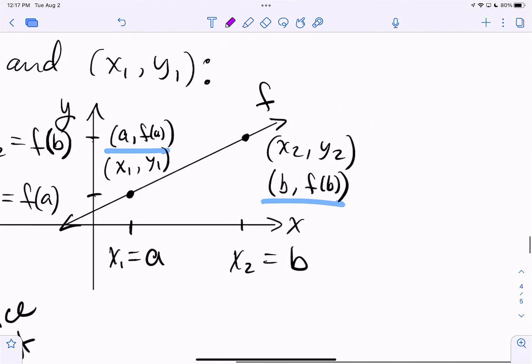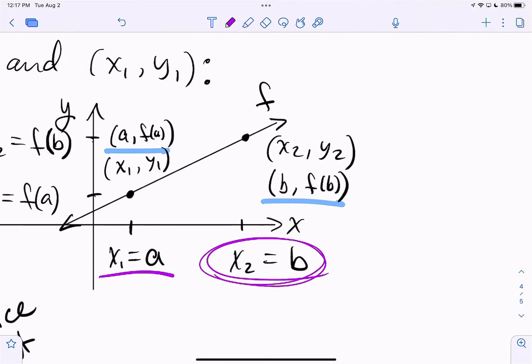I'm going to keep the label x1 equals a. But now I want to consider the second point, which right now is x2, y2, also given by b, f of b. I want to think of it now as a movable point. I want to be able to move it left and right.